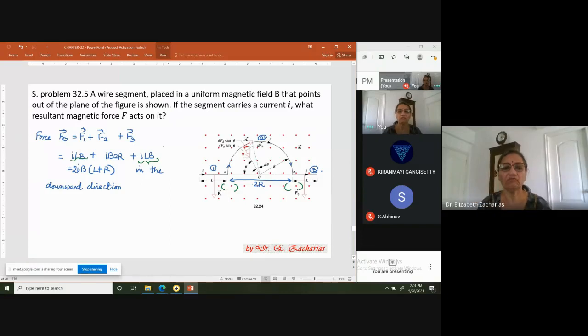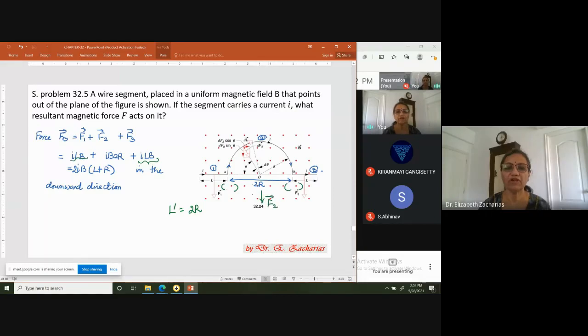Now come to the semicircle. No big deal. I know that R is the radius. So what will be L prime? L prime will be equal to 2R, and the direction of current you have to take as from point A to point B, same as in L. Therefore, the direction is also going to be the same. So I will get F2 also in the same direction.